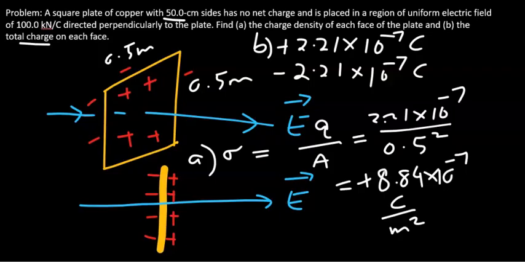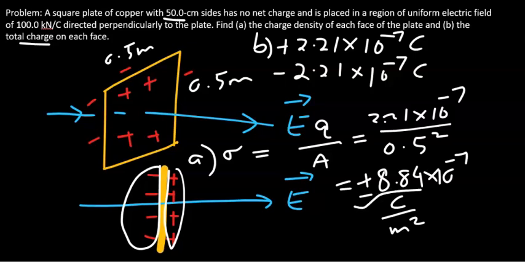So that is the charge density on this side. On that side, it's just the negative of that number. So the charge density on this side is minus 8.84 times 10 to the power minus 7 coulomb per meter squared. That solves the problem.